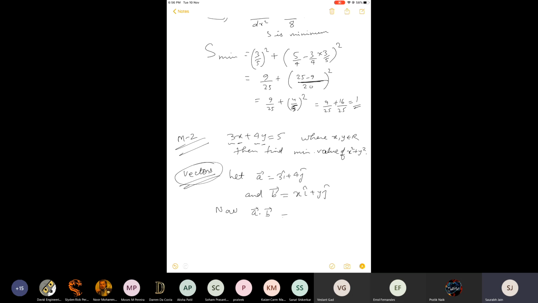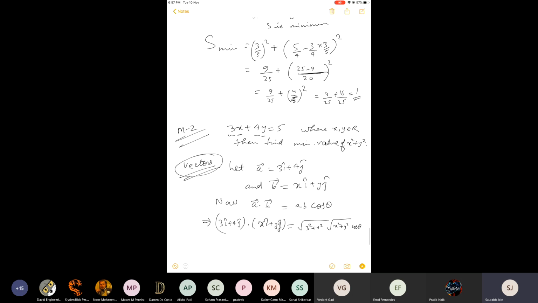A dot B is AB cos theta, where theta is the angle between the vectors. So, on the left hand side, I write these vectors. On the right hand side, we have the magnitudes. A and B represent the magnitudes. So, under root 3 square plus 4 square, under root x square plus y square, cos theta.